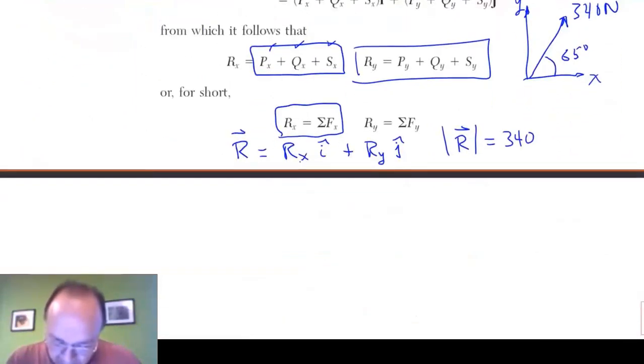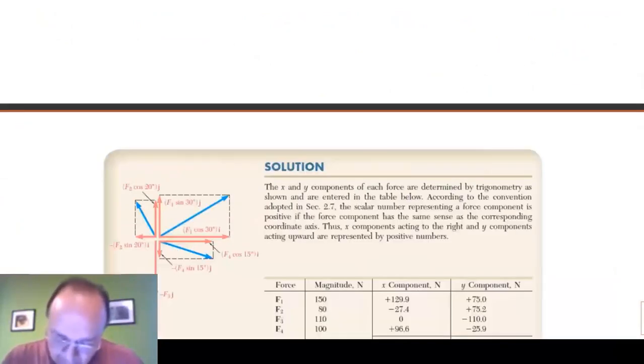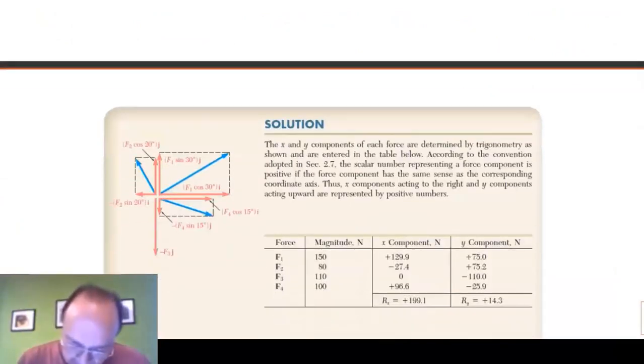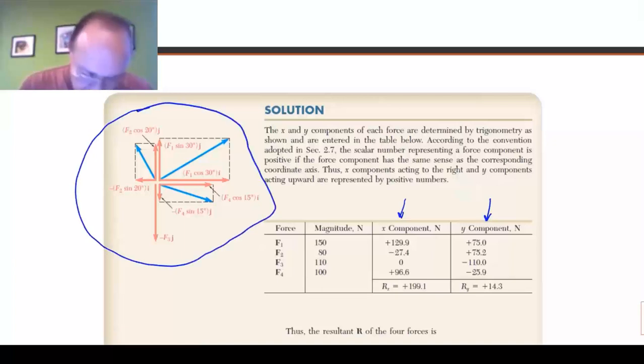You get the components, you see your sines and your cosines. You see the components right here. These components are just found by using the sines and the cosines. Same here, the sine and the cosine. All the calculations are shown in this graph here.